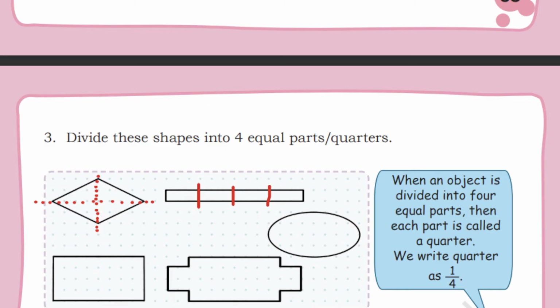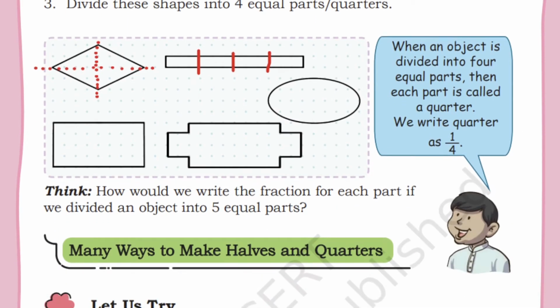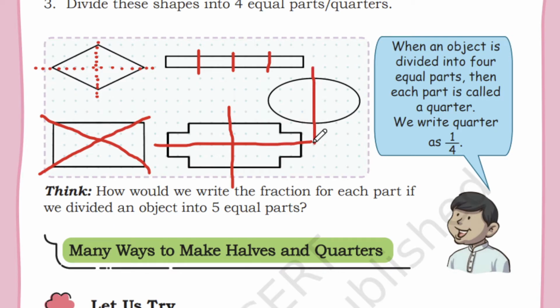Okay, so next one. Okay, so next put a center line, 2 equal parts and a vertical line. Okay, and this one, 2 equal halves and 4.